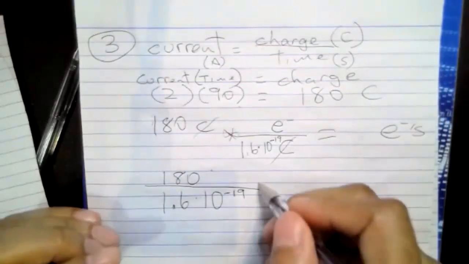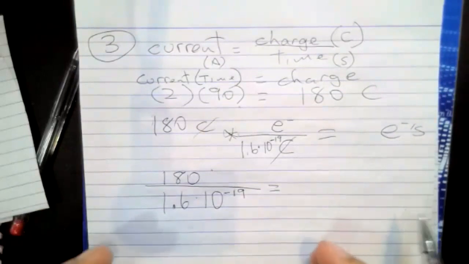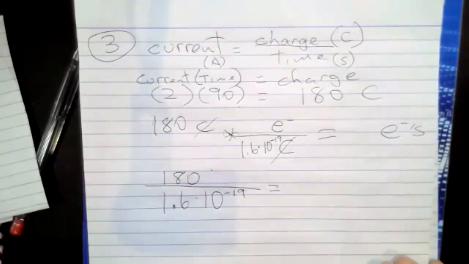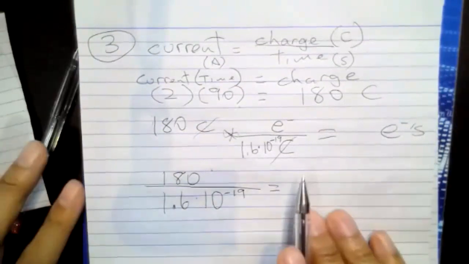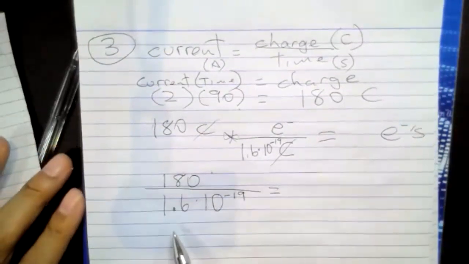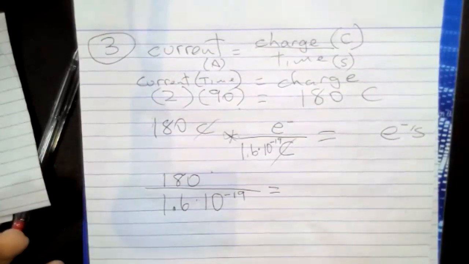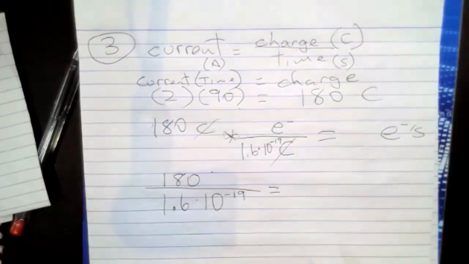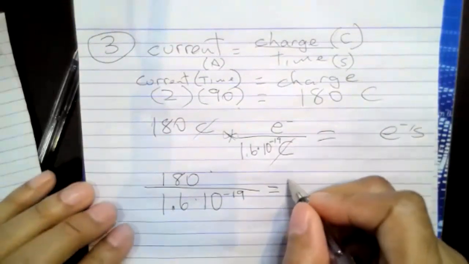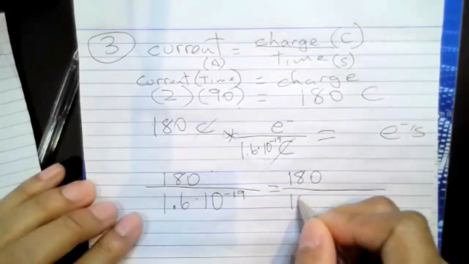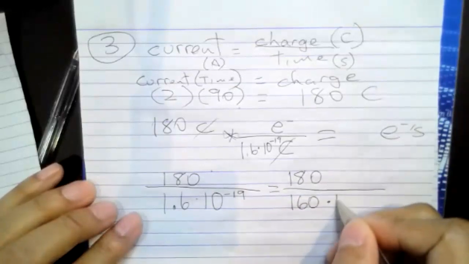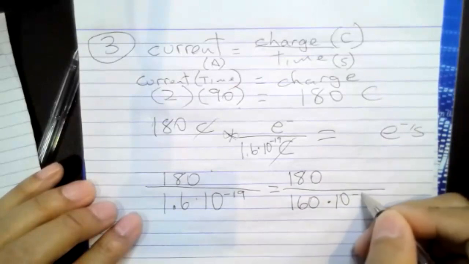So if I were doing this, first thing, again, I look at the answers. The answers are far apart. Again, 100 times different. I don't want to get specific. There's no way on the exam I'm dividing 180 by 1.6. Why would I do that when the answers are so different? Instead, I would do this simple manipulation. I have 180 over 160 times 10 to the minus 21.